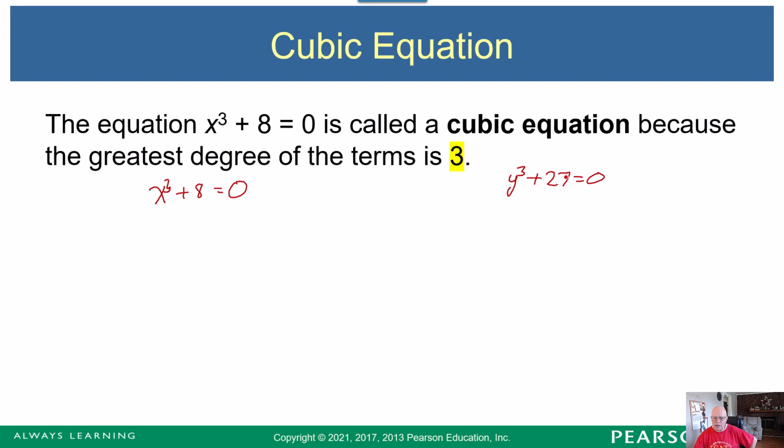How would I factor that? Notice that this is a cube and this is a cube. It's 2 cubed. Over here, this is y cubed and this is 3 cubed. Now, how do I factor it? First of all, think of what it was before it was a cube. Well, before it was cubed, this is obviously a y.